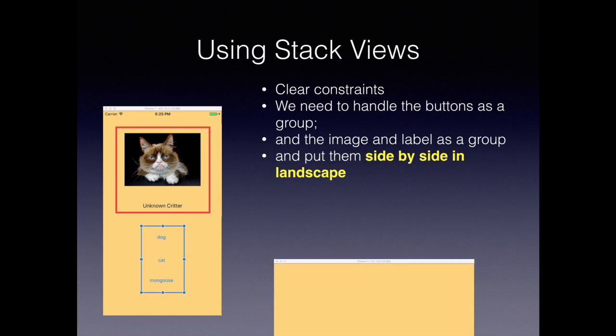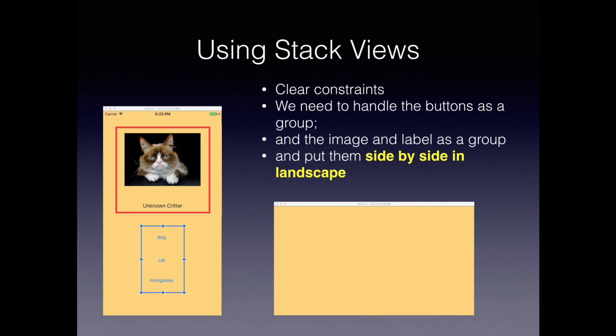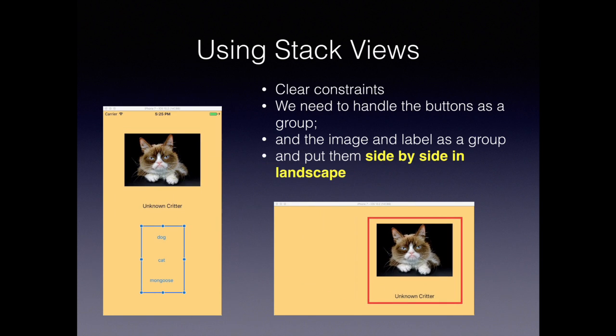In the landscape view, we're going to put the image and the label over to the right. In the portrait view, it's over in the top, and the buttons over to the left of the image view. And in the portrait, it was below the image view. So that's essentially how we would use the stack views.